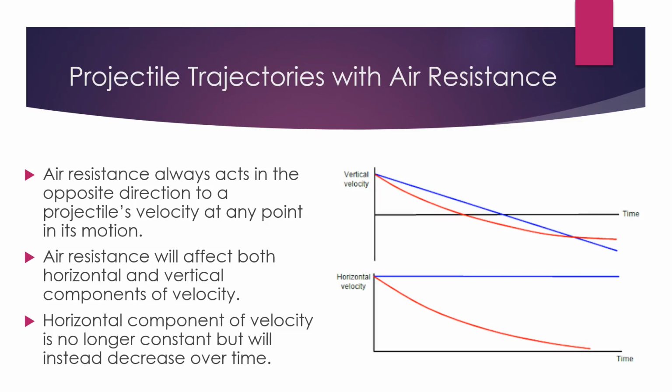You've got acceleration due to gravity, which is downwards, and you've also got the air resistance component, which is also downwards as well. So those two downwards forces will act together to give a larger downwards force than what you would have normally. So the overall effect is the downwards acceleration is larger than it would be in the absence of air resistance, which means it slows quicker.